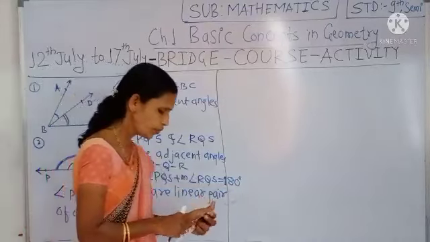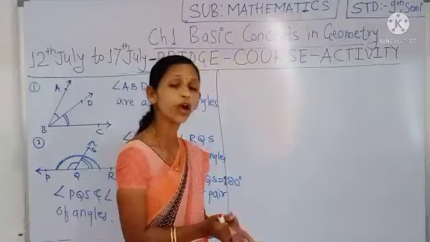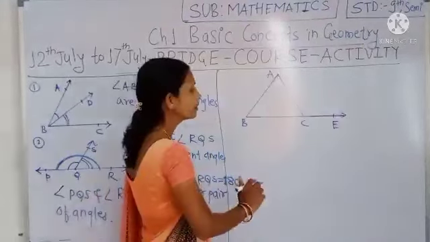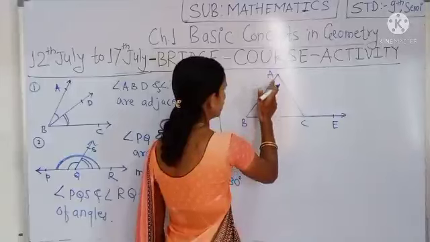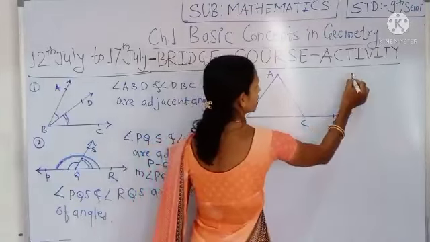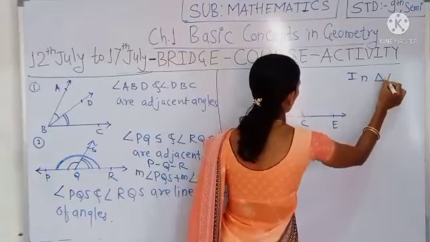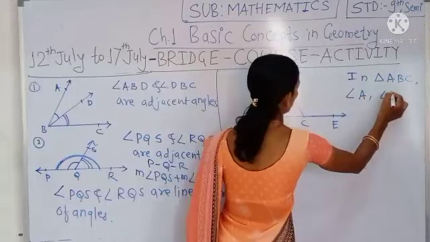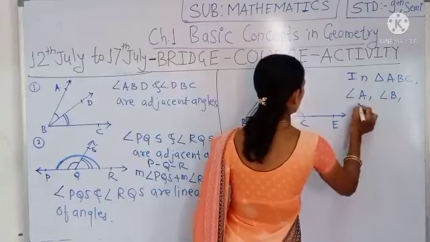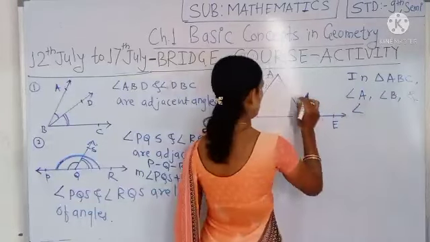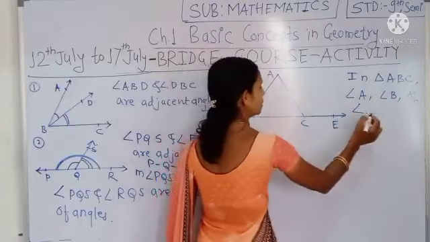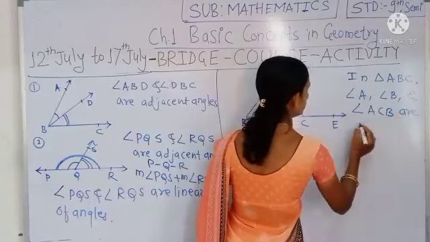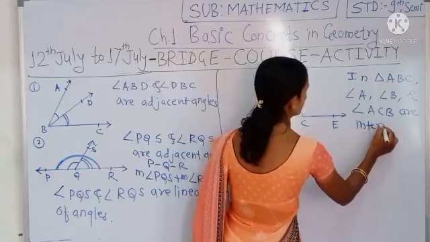Then one more property we have to remind here about the triangle. See here, in triangle ABC, angle A, angle B and angle ACB are the interior angles.